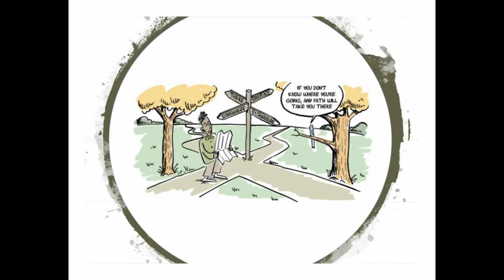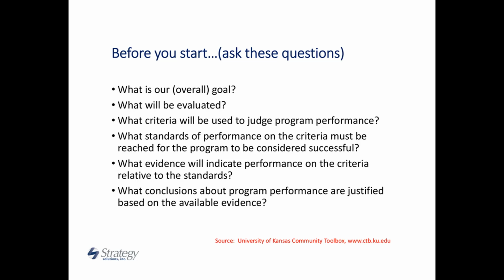So you start with your goals, because if you don't know where you're going, any path will get you there. And before you start, again, you want to talk about the overall goal, what's going to be evaluated, what criteria is going to be used to judge the program performance, what the standards of performance might be to be considered successful. You know, for example, if we're going to be doing mammogram screenings, what's success for us?